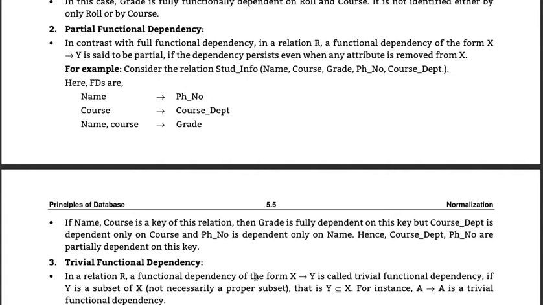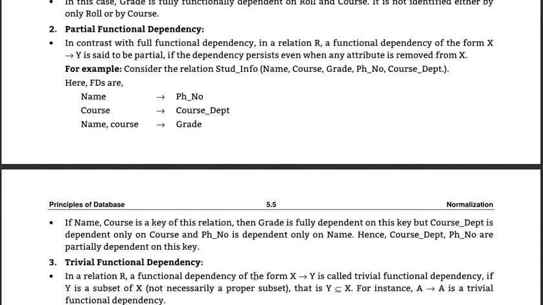In contrast with full functional dependency, in a relation R, a functional dependency of the form X determines Y is said to be partial if the dependency persists even when any attribute is removed from X. Then and only then will we call it a partial functional dependency.